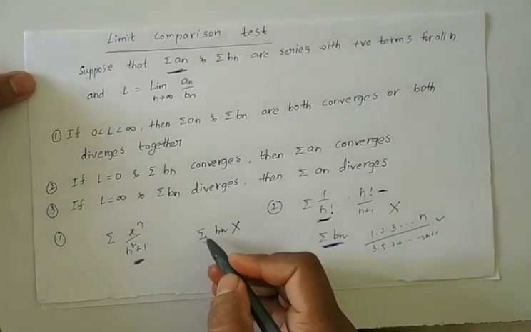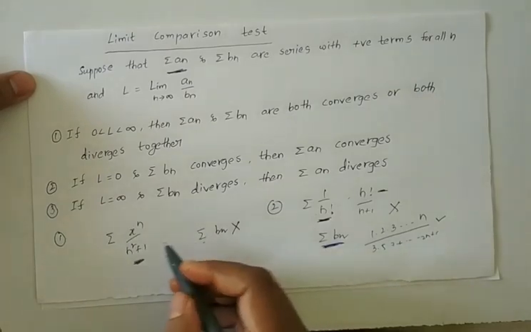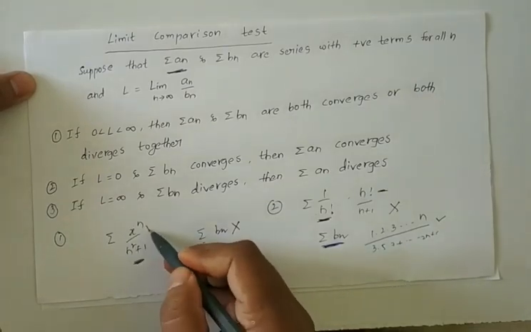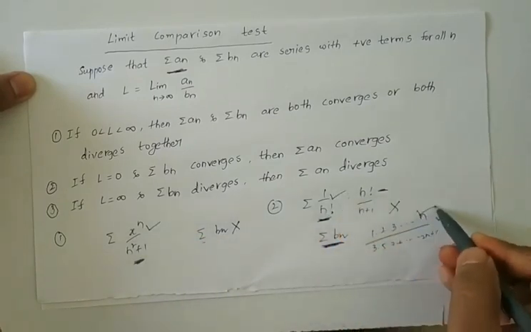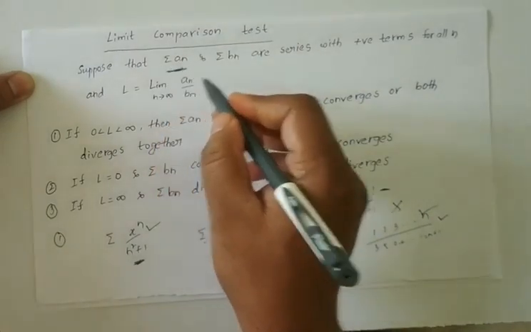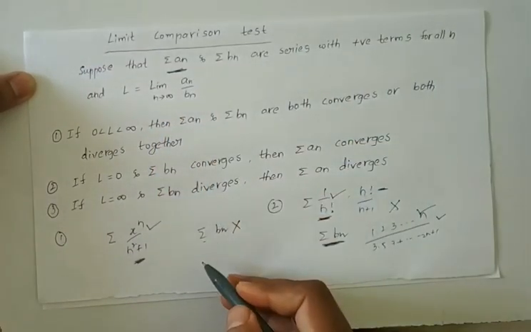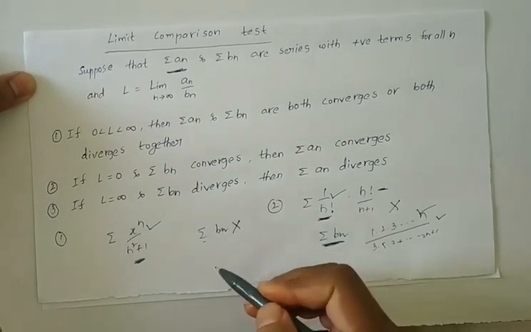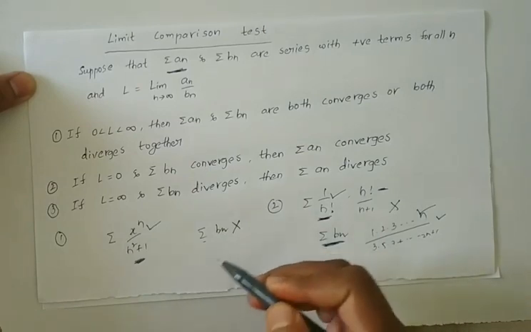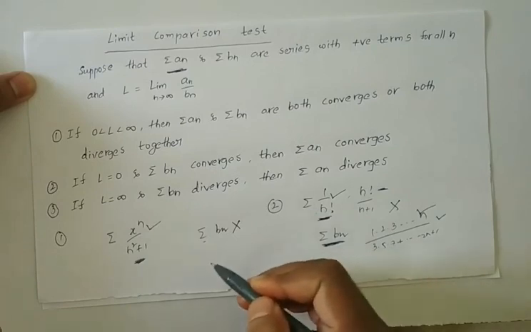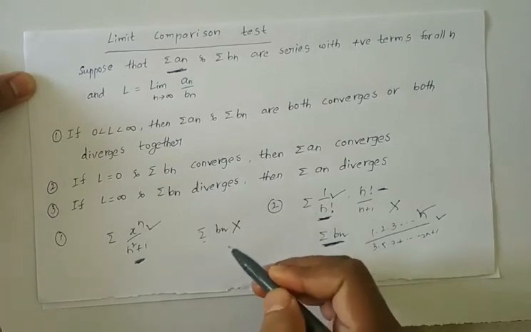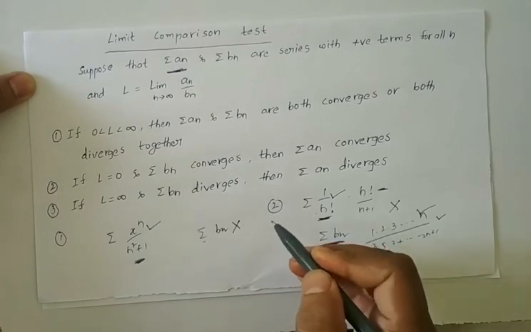Finally, we can say that if the given series contains x terms or factorial or repeated series, then we cannot apply the limit comparison test. Suppose the given series contains finite powers of n in the numerator and denominator, then only we can apply the limit comparison test.